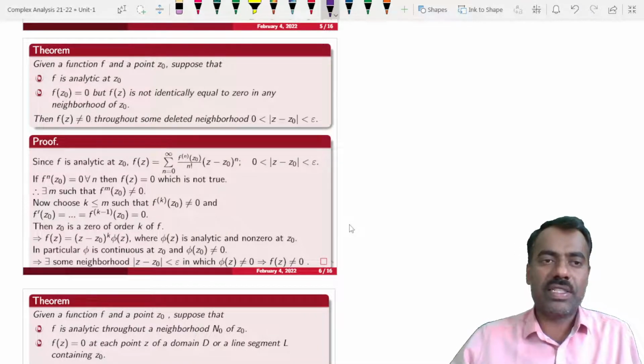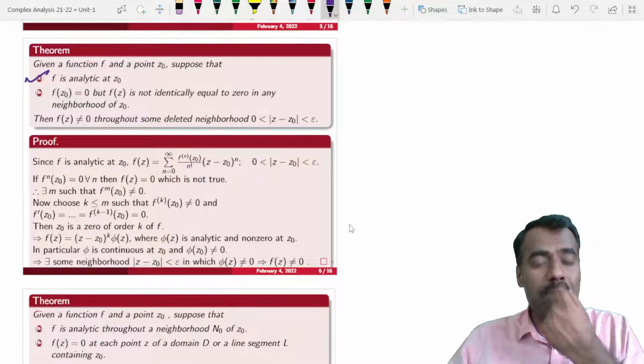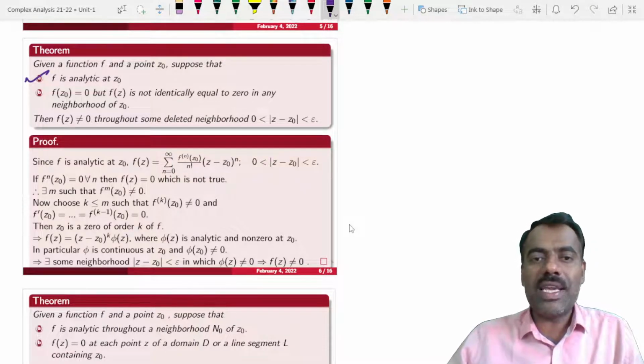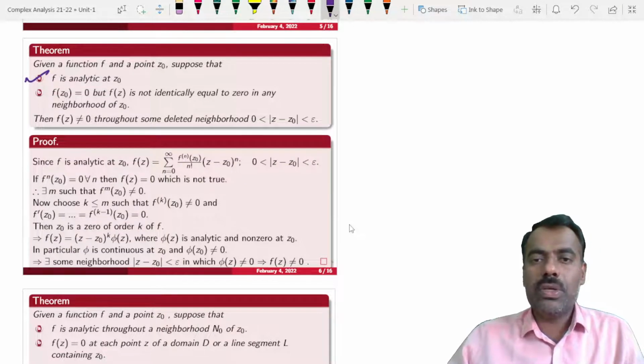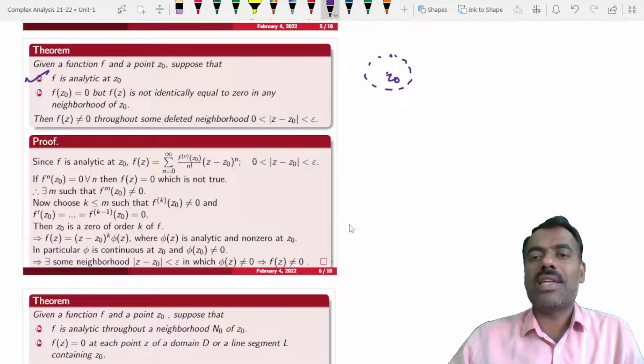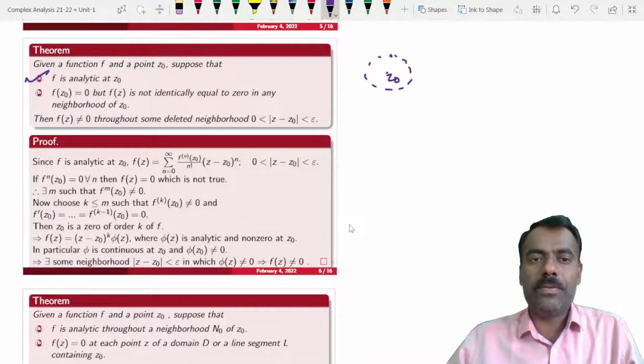What it says is that if f is analytic at z naught, and f of z naught is 0, that means z naught is a zero of f, but f is not identically equal to 0 in any neighborhood of z naught. So you take any neighborhood of z naught, at least at some point f is non-zero, in any neighborhood you take, but f of z naught is 0.